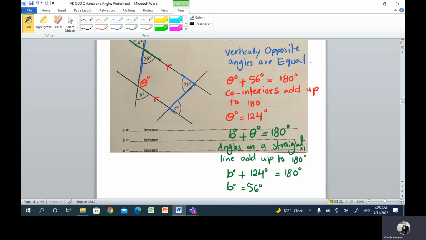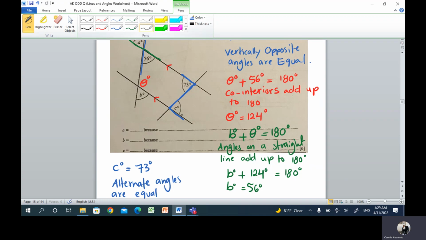And can you see the Z here? Can you see the Z here? So we're going to say that C is equal to 73 degrees. Why? Because alternate or Z angles are equal.